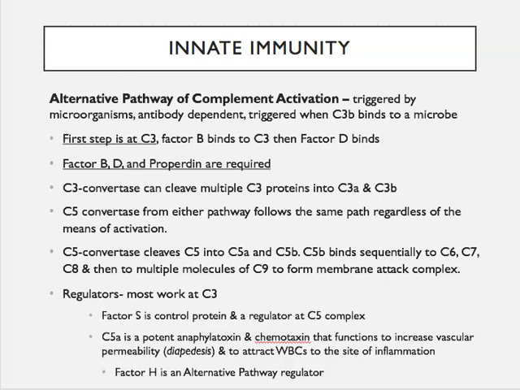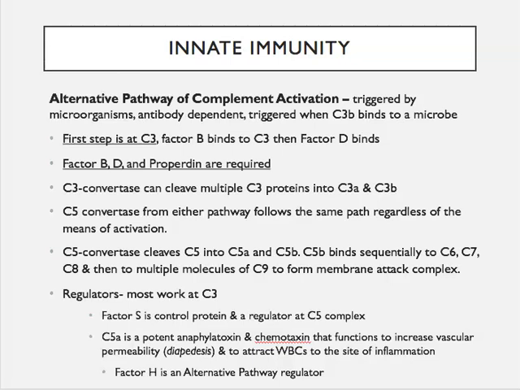The first step is at C3, where factor B binds to C3, then factor D binds. Then factor B, D, and properdin are required. The alternative pathway C3 convertase can cleave or break apart multiple C3 proteins into C3a and C3b, which is unstable until it binds properdin, which is a serum protein.